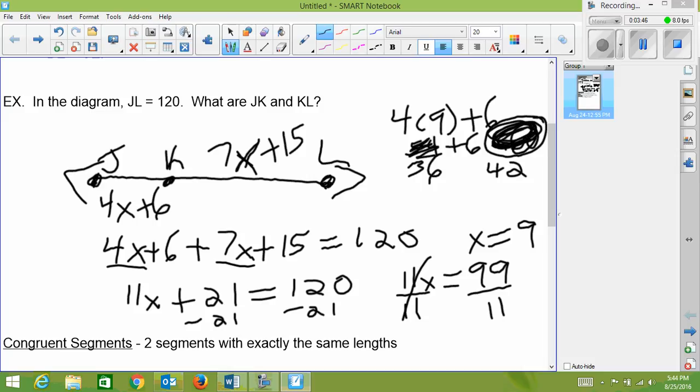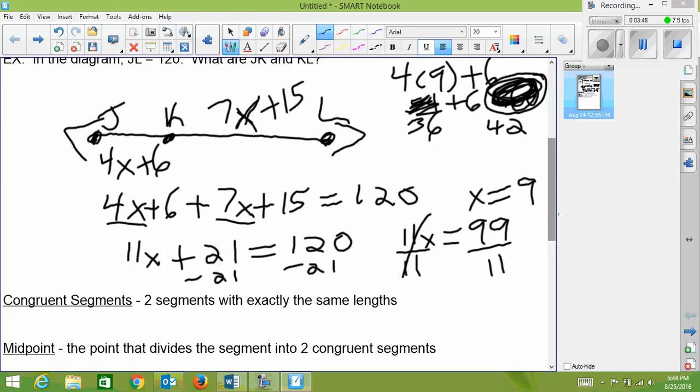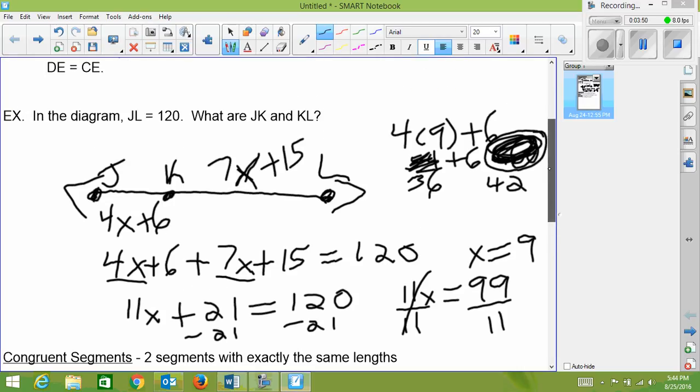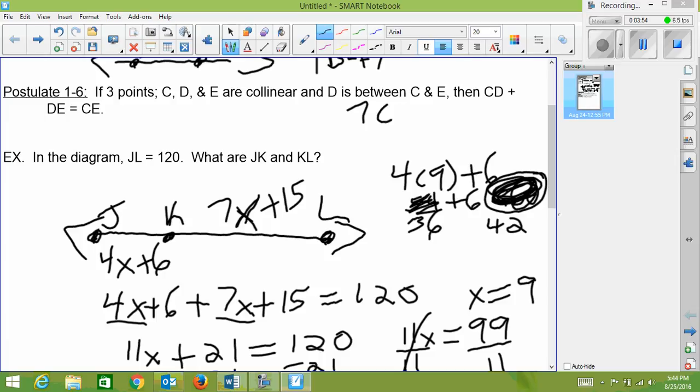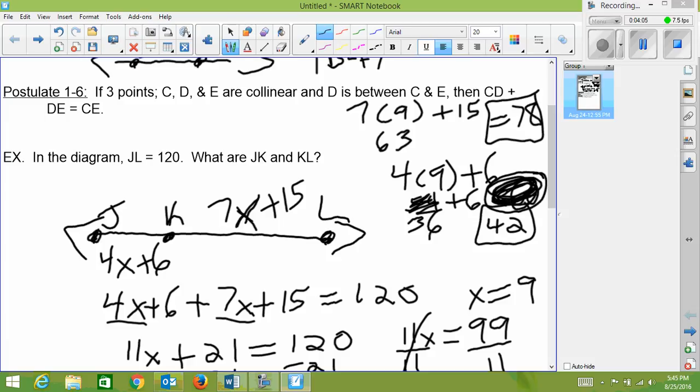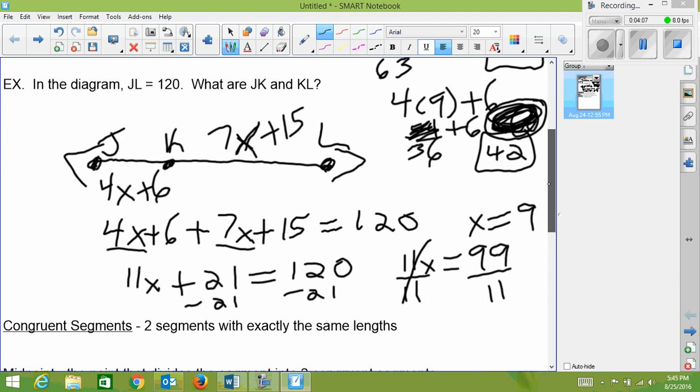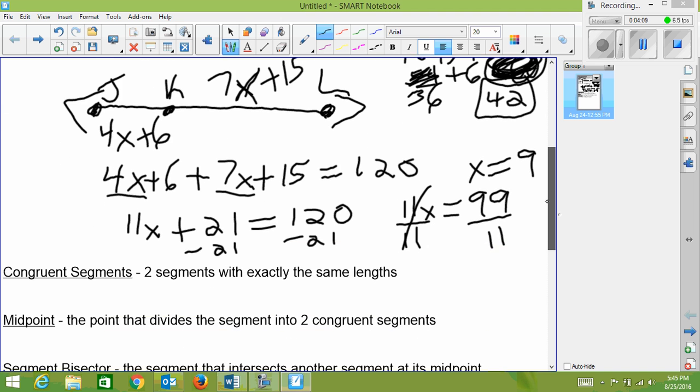So let me fix that. Then I'm going to plug the 9 back into the other one as well. So 7 times 9 is 63, plus the 15 is going to be 78. So do 78 and 42 add up to 120? Yes, they do. So you need to make sure that it equals what they originally told us.